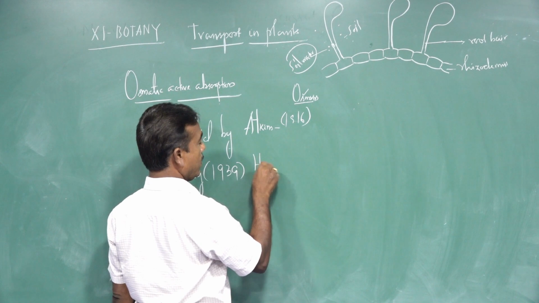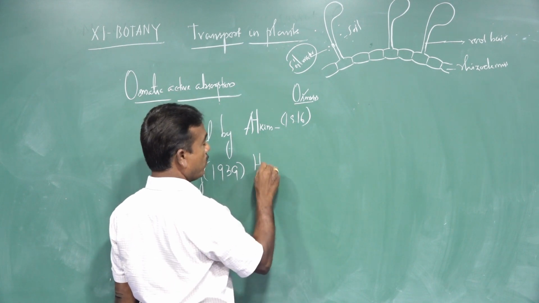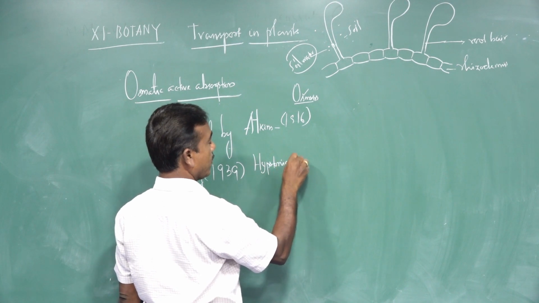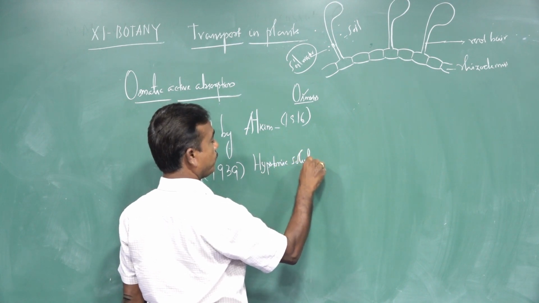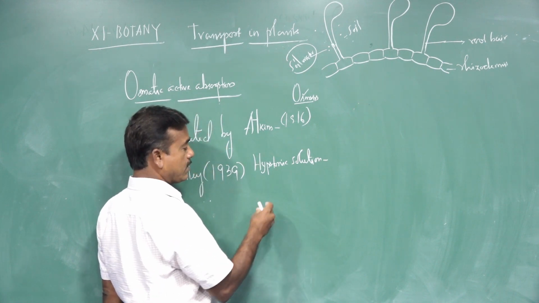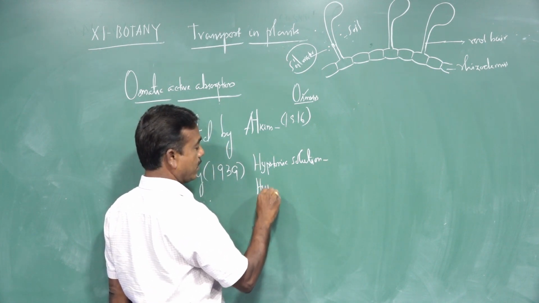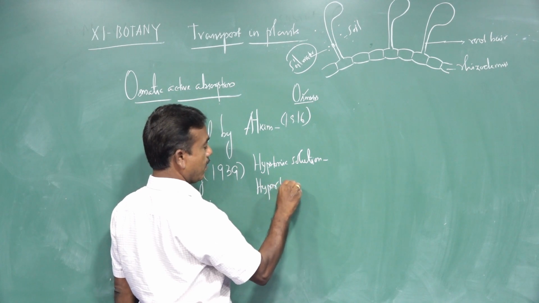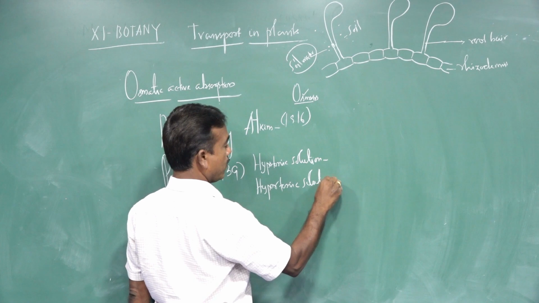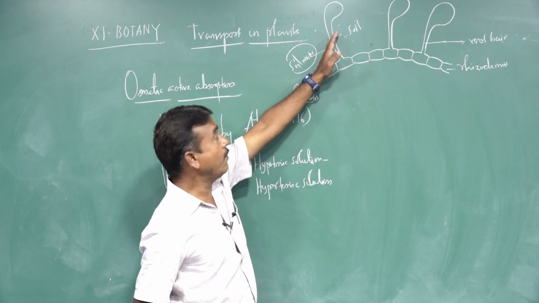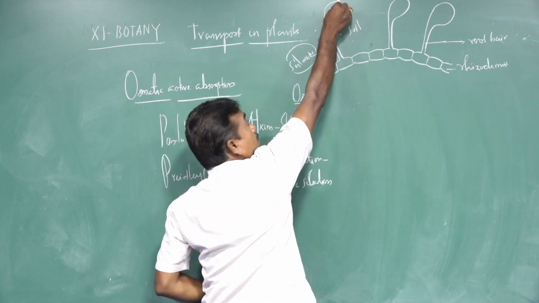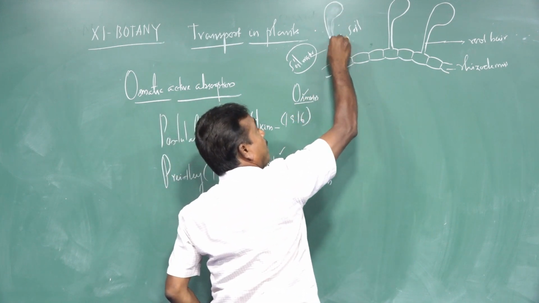In this situation, the outer soil water is a hypotonic solution, and the inner cell sap is a hypertonic condition.